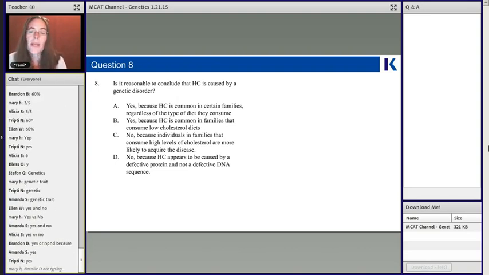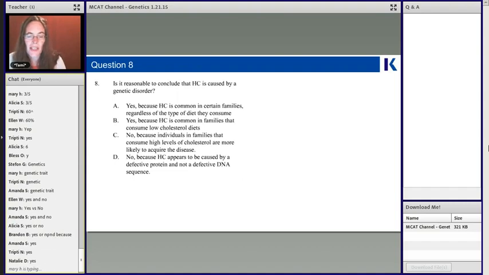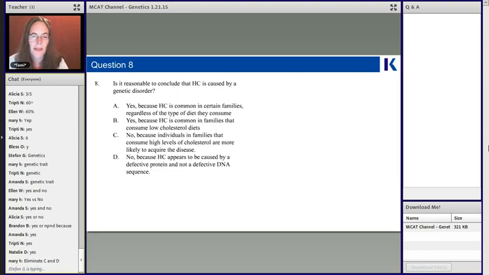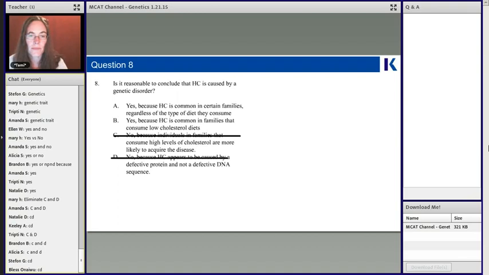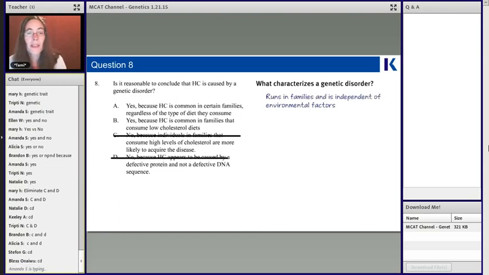Is it reasonable to conclude that HC is caused by a genetic disorder? Well, we already answered this. Which of my two answer choices are out of here and I'm never even going to consider them again? C and D, because they both say no. Okay, perfect. So a genetic disorder is characterized, as you guys so aptly pointed out, by running in families regardless of environmental factors.